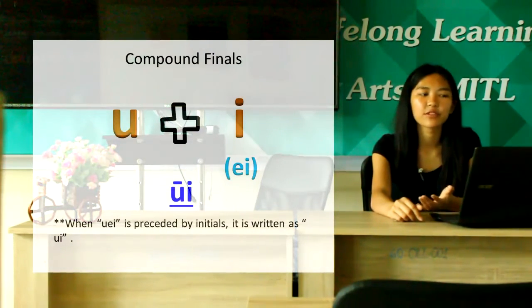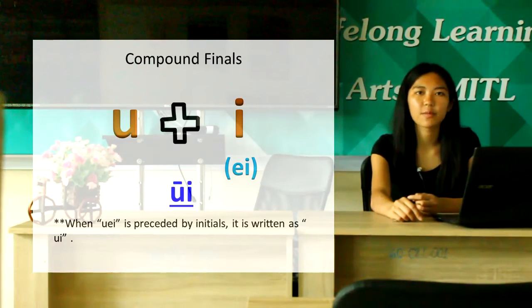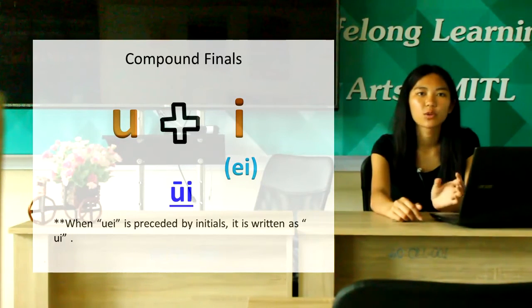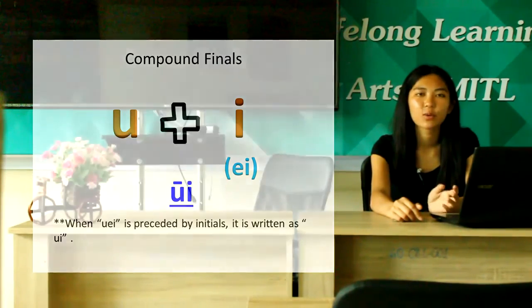Yo. And the next one will be u and yi. It's like the previous situation. Actually, it is combined by u and a. So we pronounce it as wai. Here comes the last compound final.